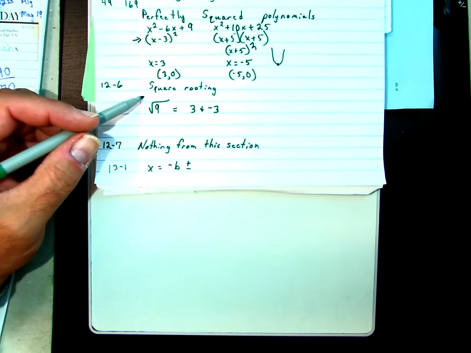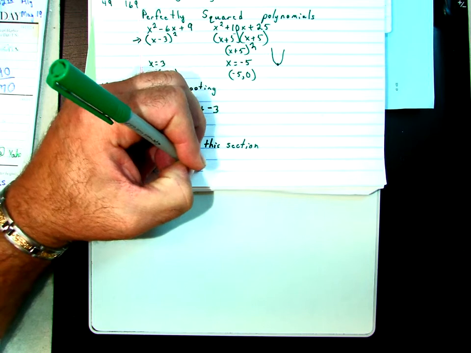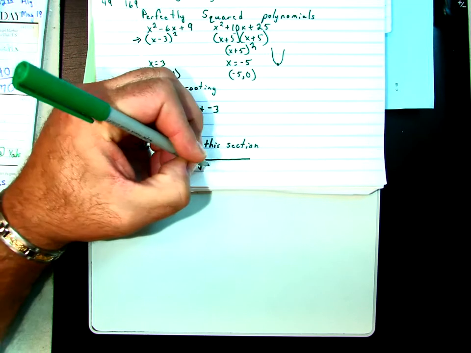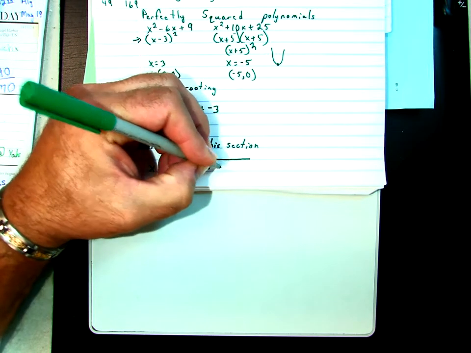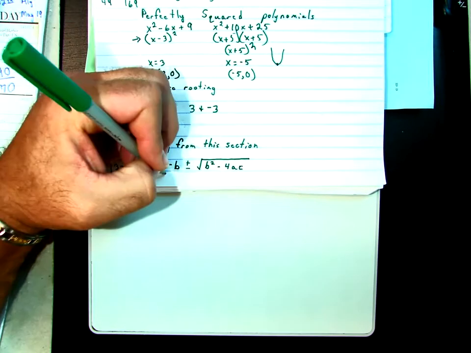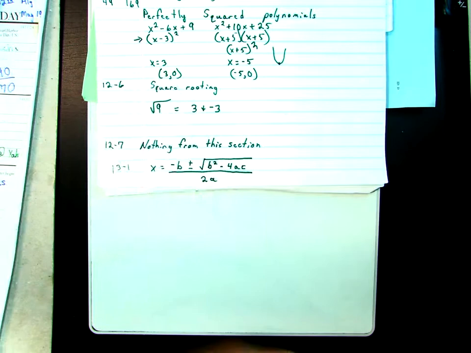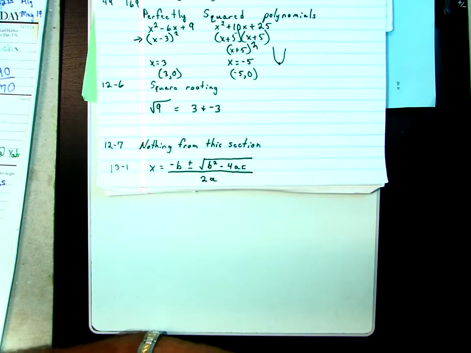Everybody knows whenever we square something, we have 2 problems. Of b squared minus 4ac all over 2a. And there's a great little song that goes with it. It's a Pop Goes the Weasel song. It goes, x equals -b plus or minus the square root of b squared minus 4ac all over 2a.